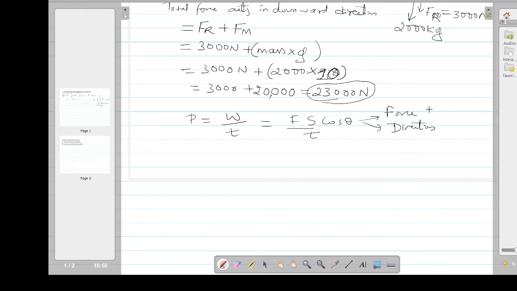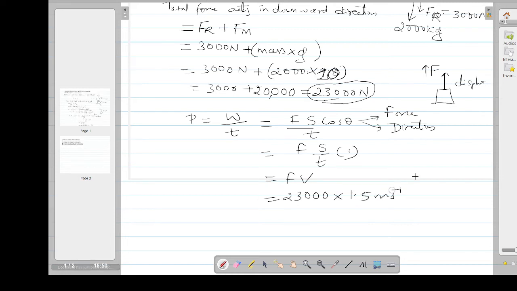Both are in the same direction, because the lift is moving in the upward direction, so the force direction is upward and the displacement is also in the same direction as the force. So theta becomes 0, and cos 0 is 1. So F s by t, where s by t, displacement divided by time taken, represents velocity. So the total force acting is 23,000 and the velocity is 1.5 meter per second.